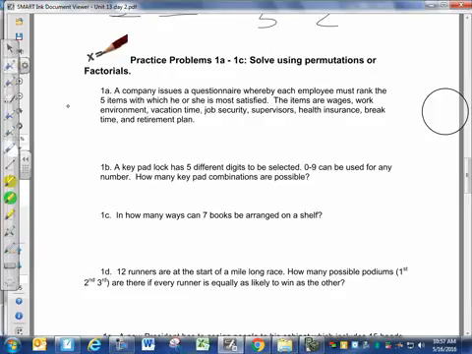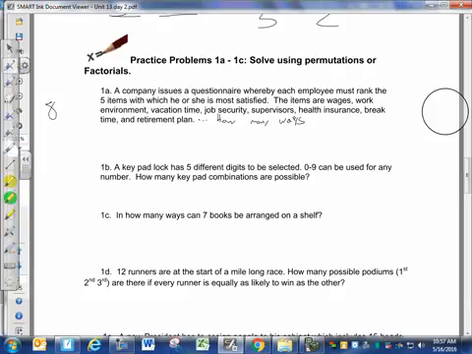So 8 items, and the question should be, how many ways can we list 5 of the 8 items? Well, 2 ways to do this, of course.